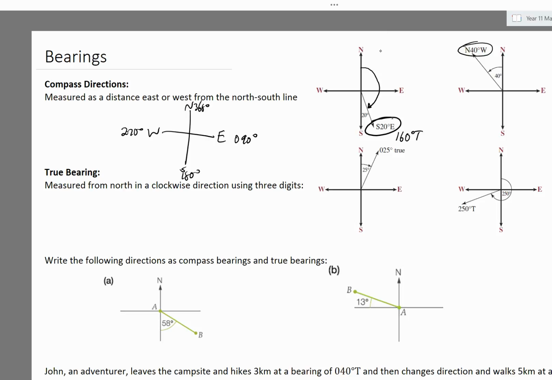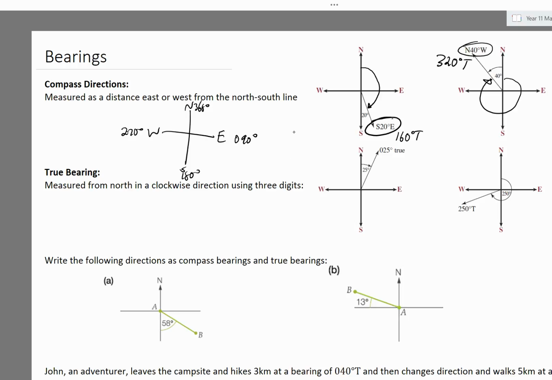This one here, I would need to start at north and go all the way around clockwise. So I've almost gone around the full 360, I'm just 40 degrees short, so this will be 320 degrees true. In a similar fashion, I should be able to convert this.